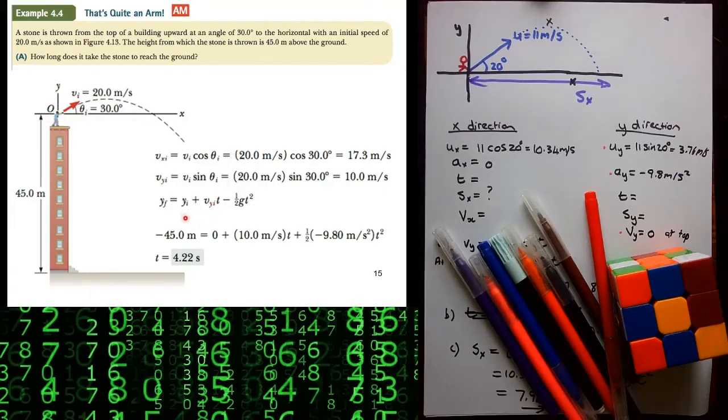Then the equation that we're going to use to find out how long it takes for the stone to reach the ground is an equation of the form S is equal to ut plus half at squared. You need to take note for the distance s, also represented by this yf, we make use of minus 45 meters.